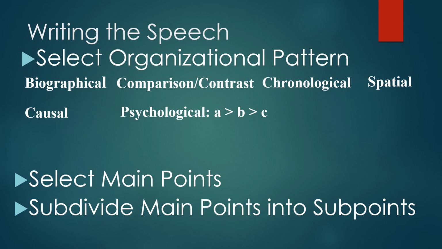Do you arrange them from the most powerful to the least, or least to the most powerful? And how long should each point be? If you're giving them the same weight, they should be the same length. Okay? What style are you going to use?